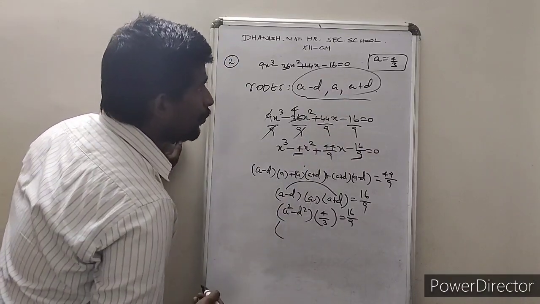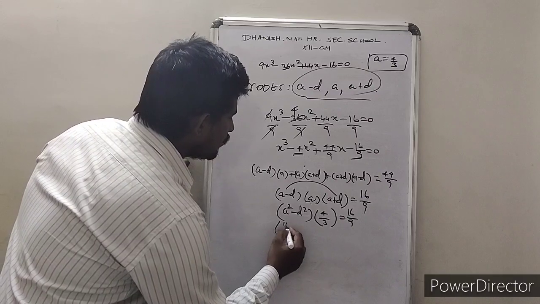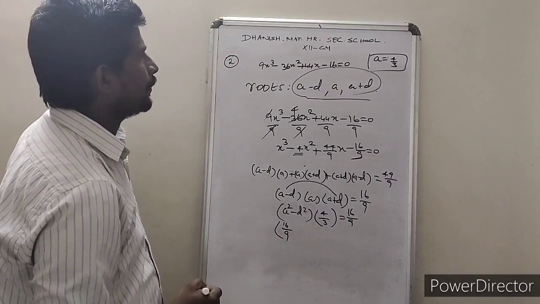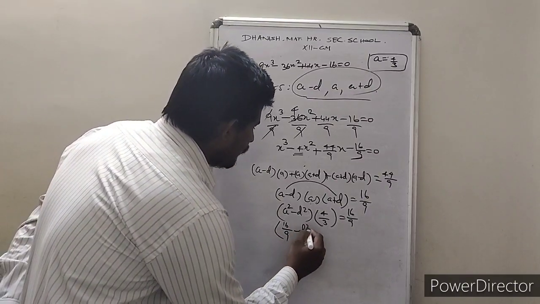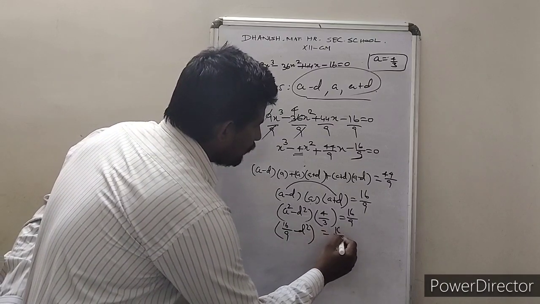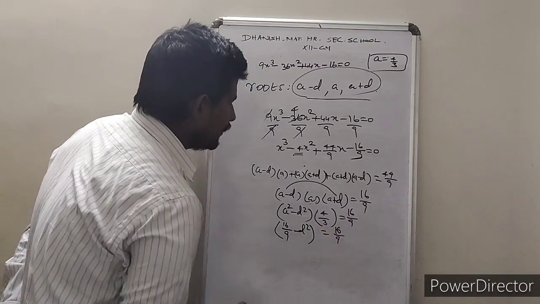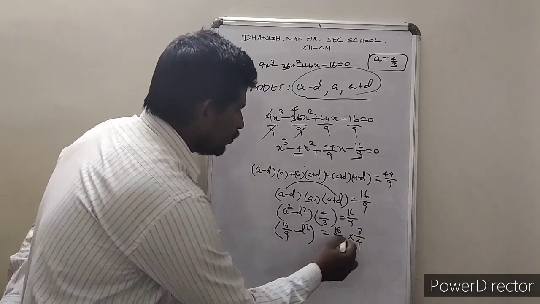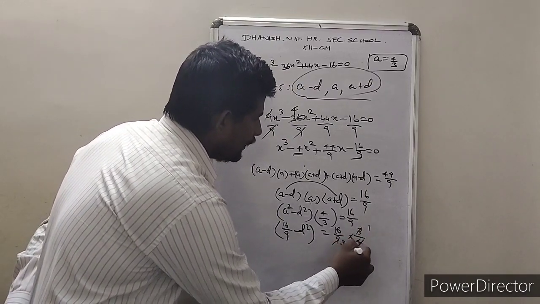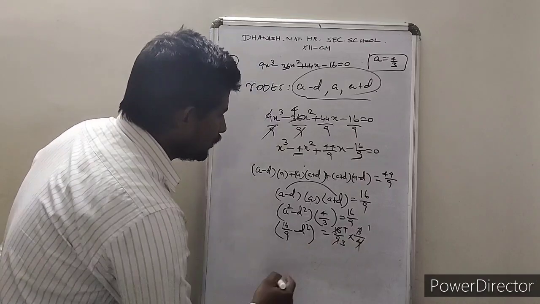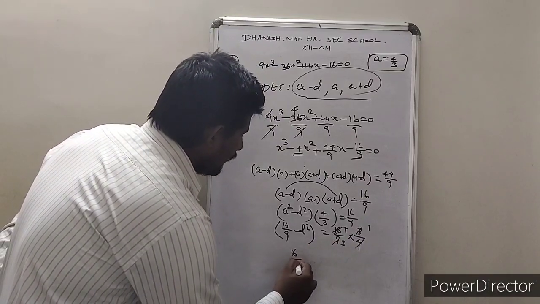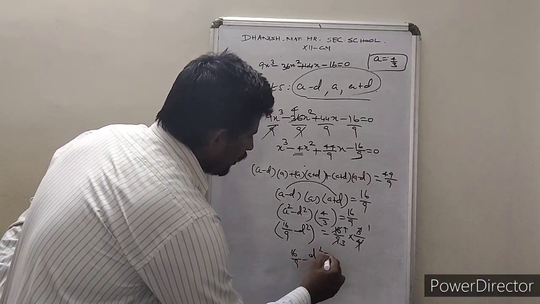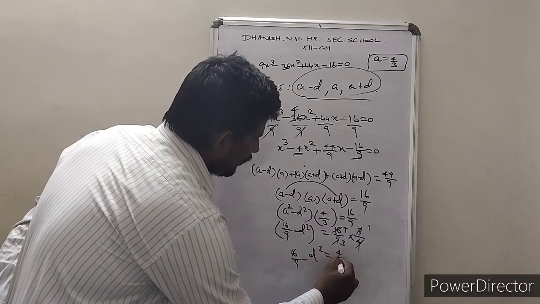So a square is 16 by 9 minus d square equal to 16 by 9 into 3 by 4. So 1 times 3, 4 times 4 cancels. So 16 by 9 minus d square equal to 4 by 3.